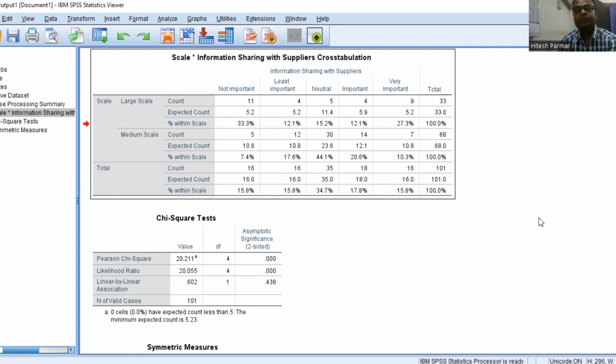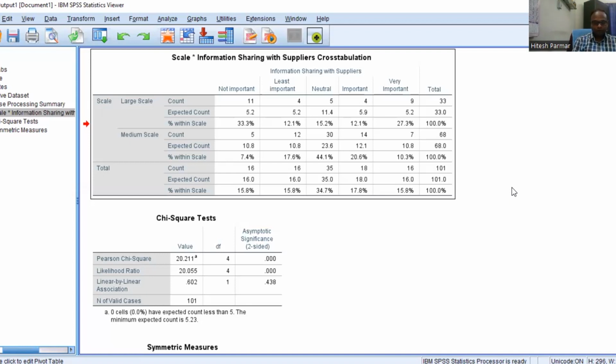Say for example, if we count the total percentage of important and very important, we have 12.1% for important, and we have 27.3% for very important, right?